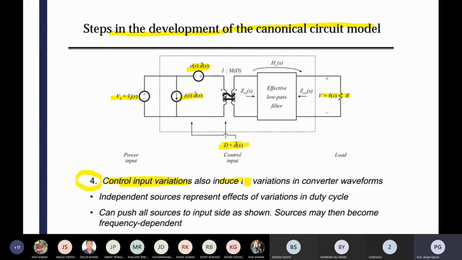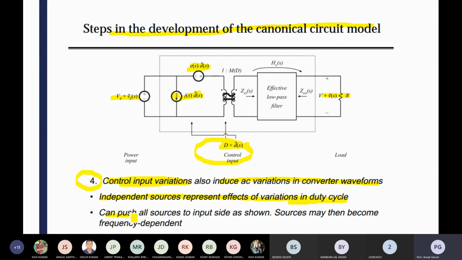Introduce the AC variations in the converter waveform; then an independent source represents the effects of the variation of duty cycle. If your duty cycle is varying, definitely those values will change, because the current source value is directly multiplied with the duty ratio, capped value of duty ratio, and the EMF is coming over here.